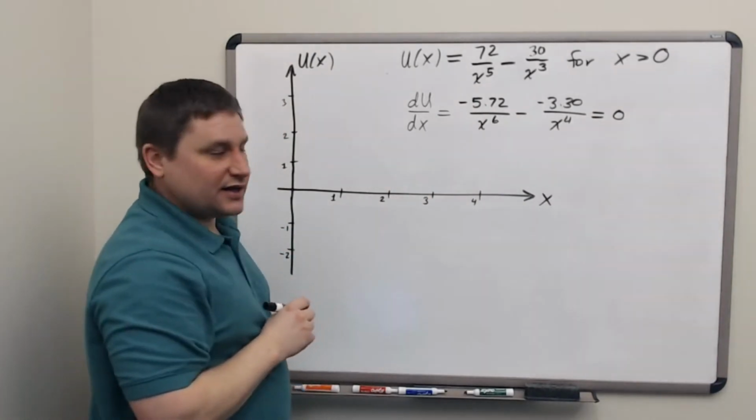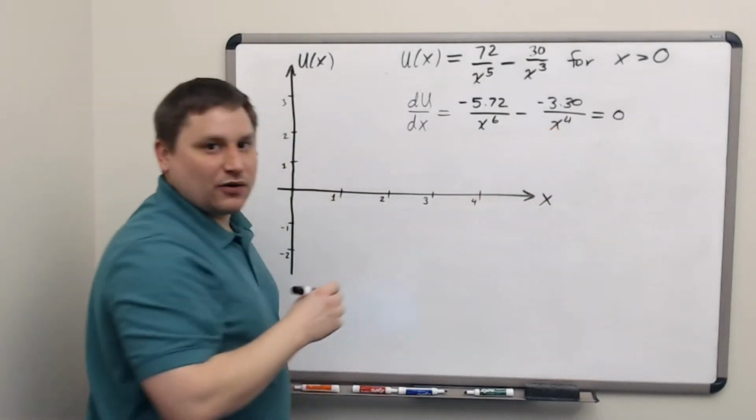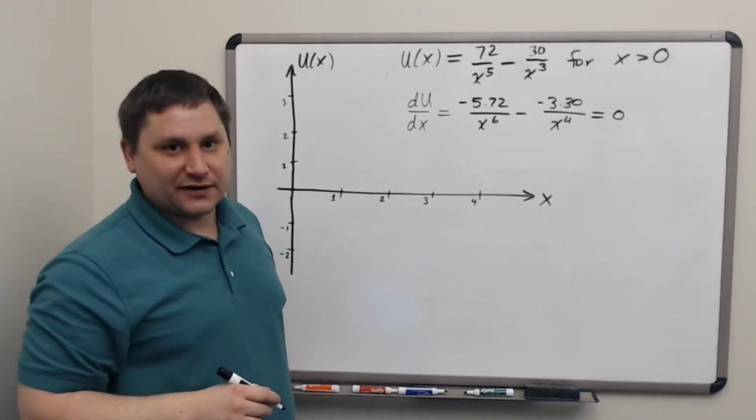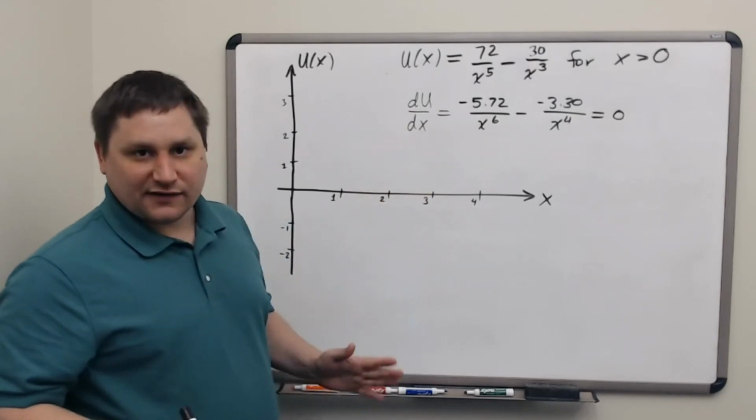The chain rule gives us the power rule gives us this for the derivative, and we set that equal to 0 to find x values where the slope is 0.